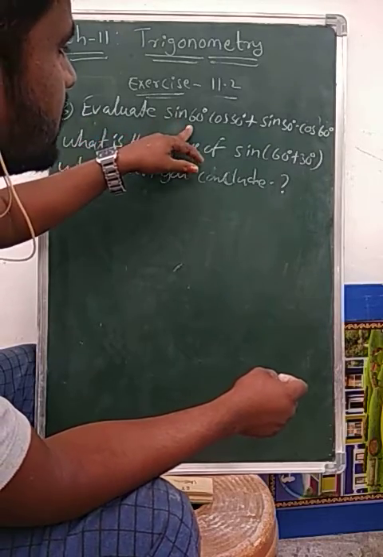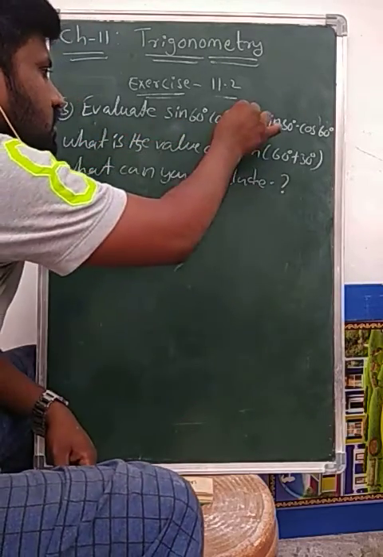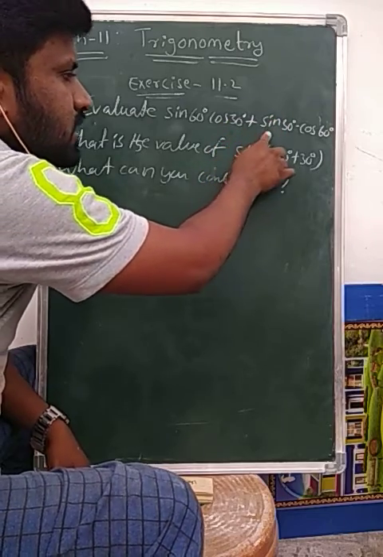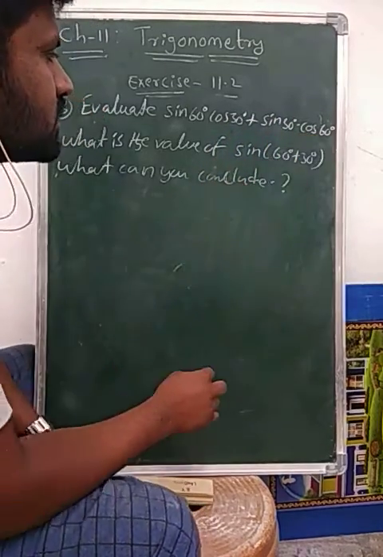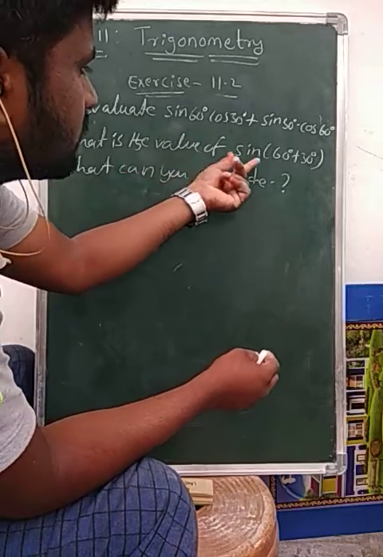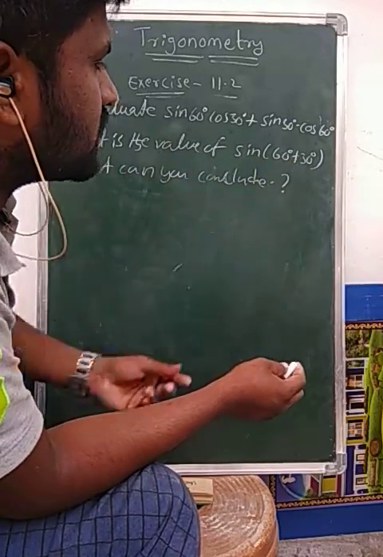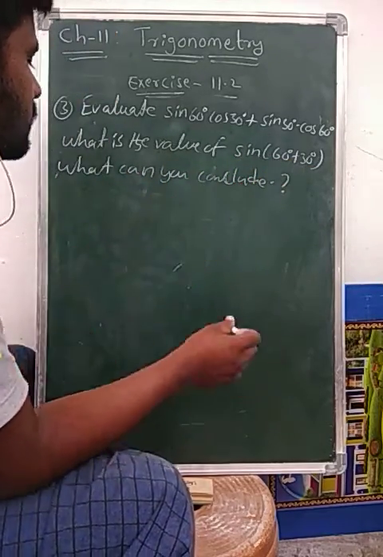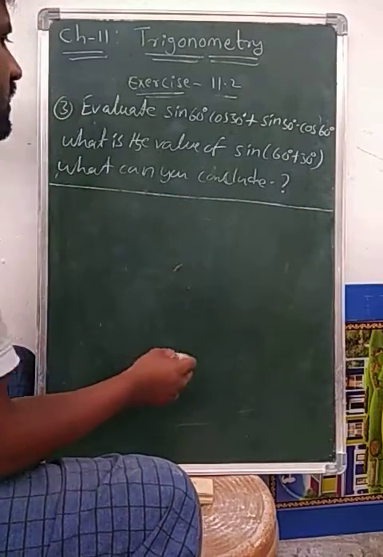Evaluate sine 60 degrees cos 30 degrees plus sine 30 degrees into cos 60 degrees. What is the value of sine 60 plus 30 degrees? What can you conclude? See what I am taking here.